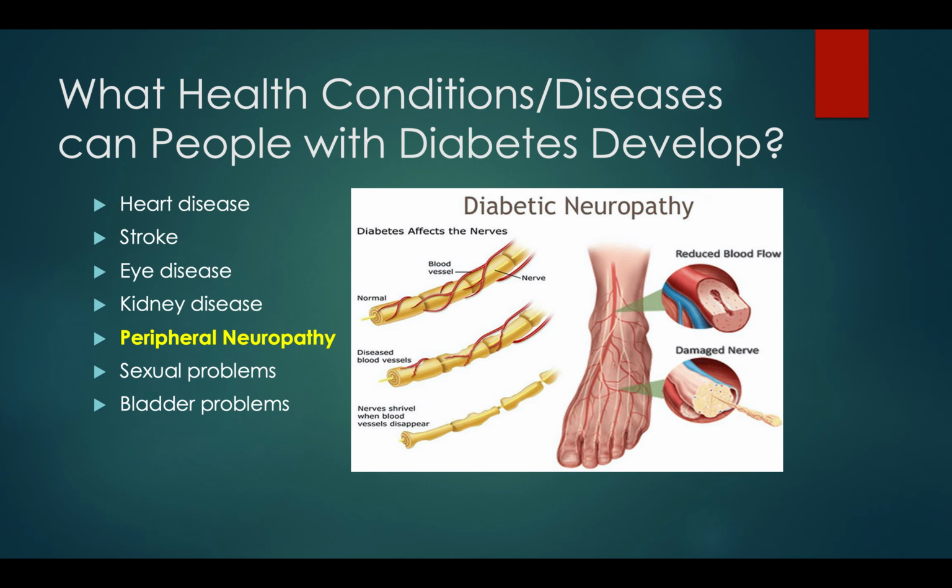Eye disease and kidney disease due to the arteries that feed those organs. Peripheral neuropathy, which we're going to talk more about. Sexual problems, both the vasculature and the neural stimulation of genitalia and those organs there, and bladder problems.